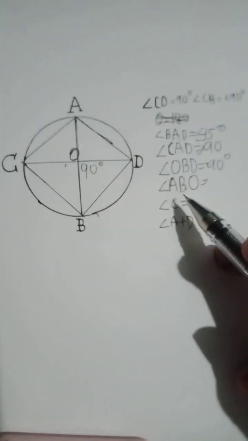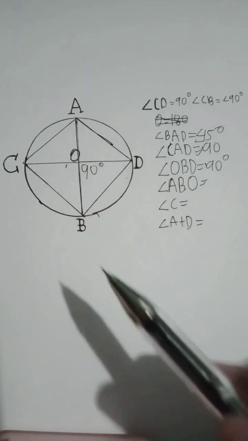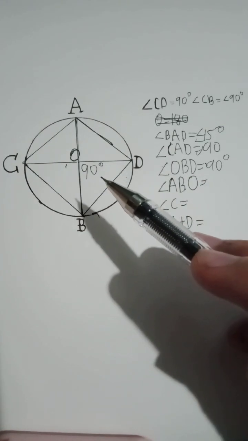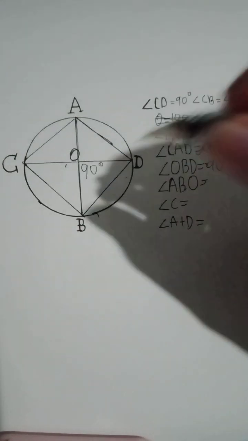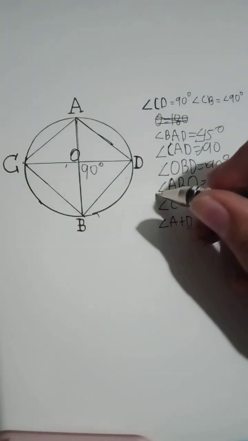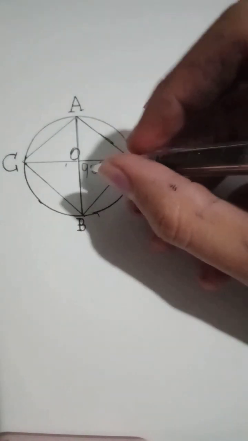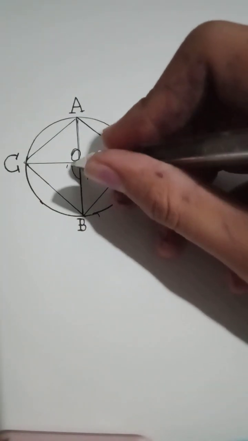Next is ABO. ABO, which is the whole line. This is not an angle, man. This is a line. This is 180.